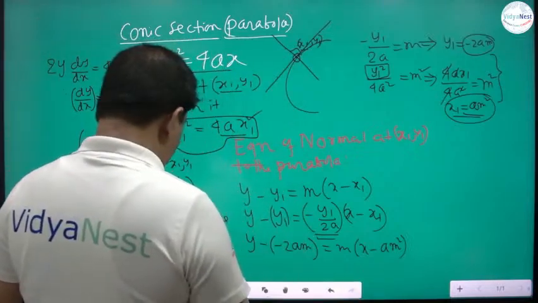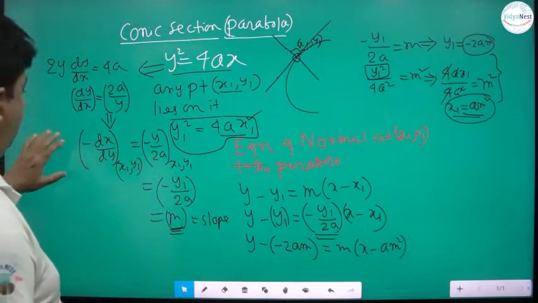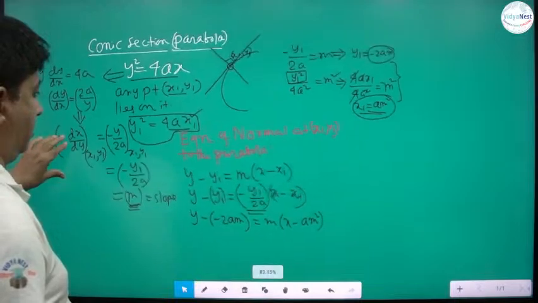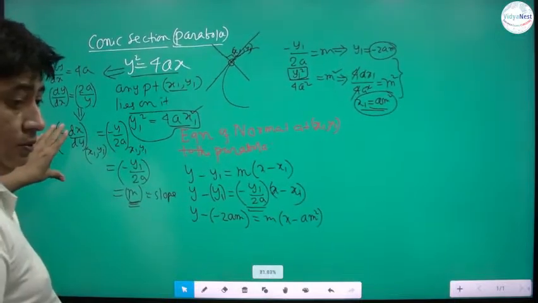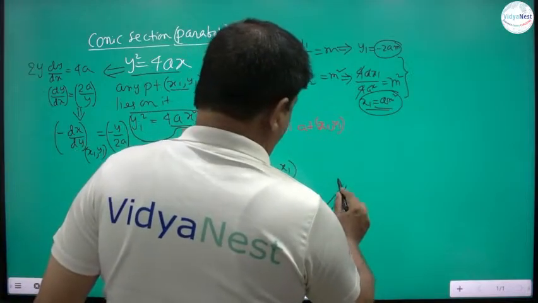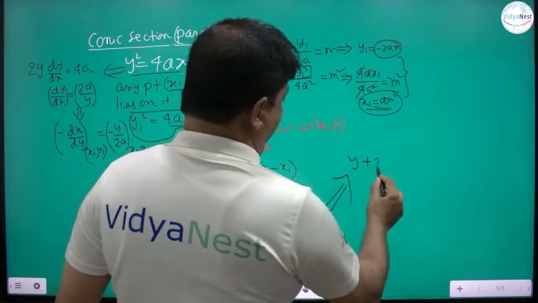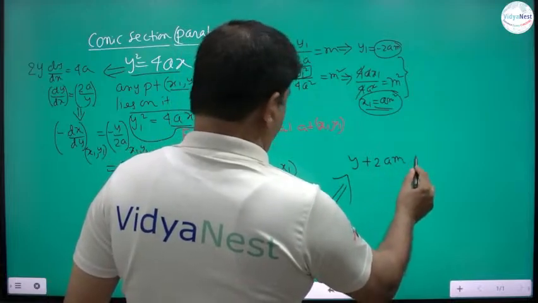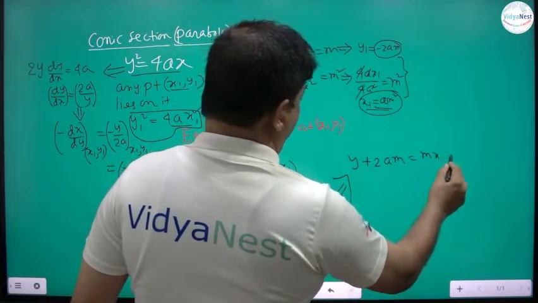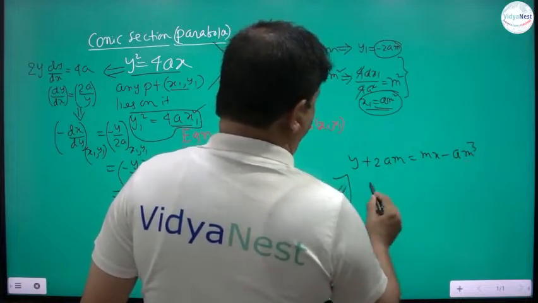Okay. So after this stage, hope you can follow. Is it visible? I think. So y plus 2m is mx minus m cube.